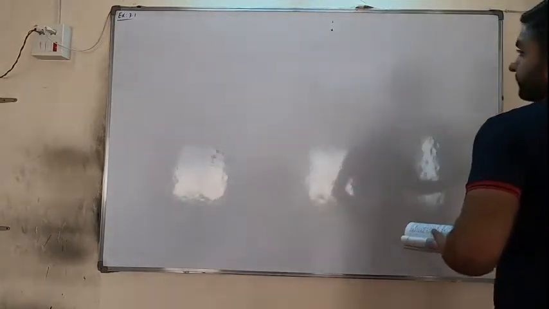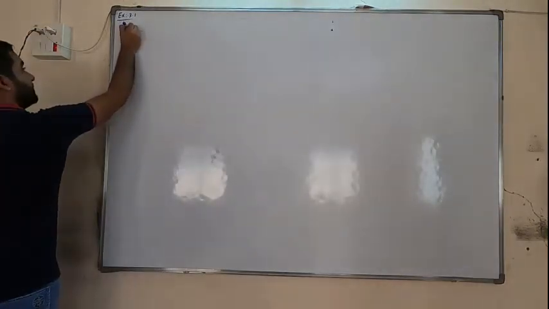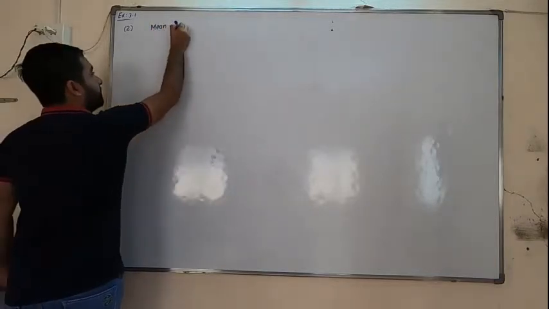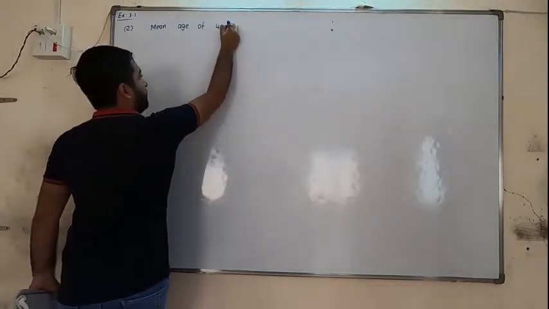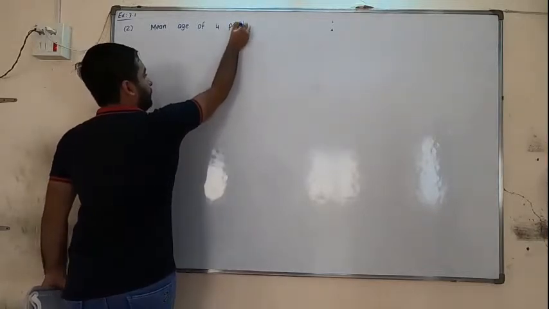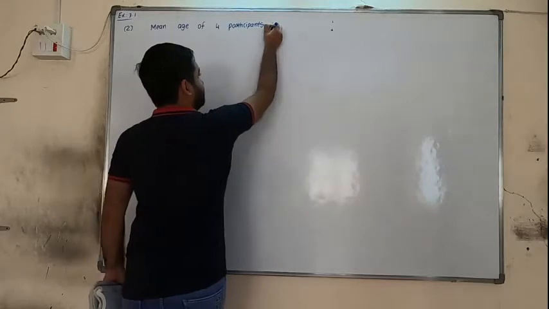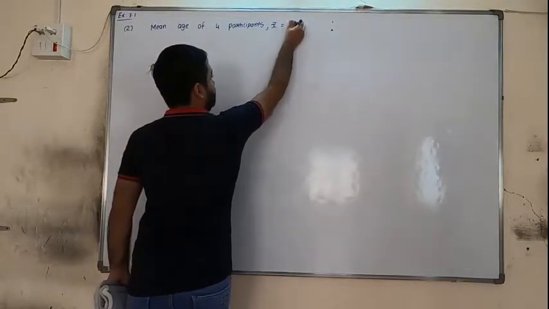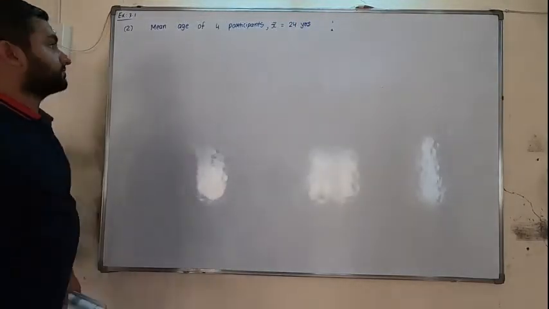Okay. So first we will write what is given in sum number 2. Mean age of 4 participants, x bar is equal to 24 years.